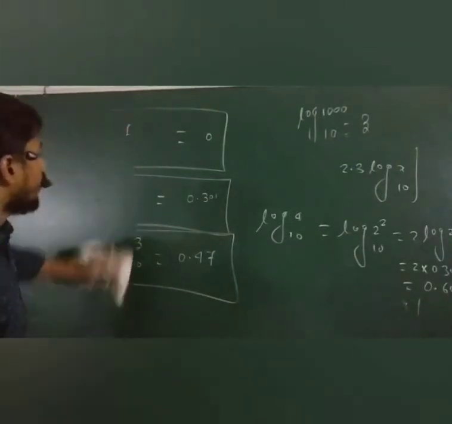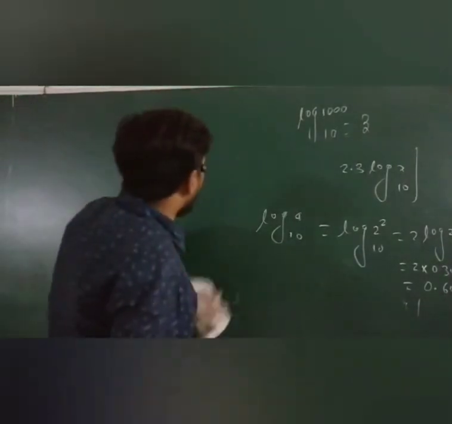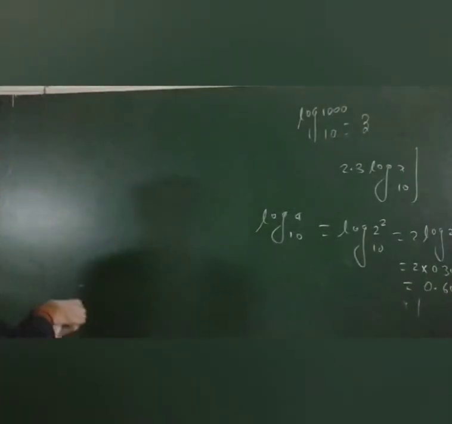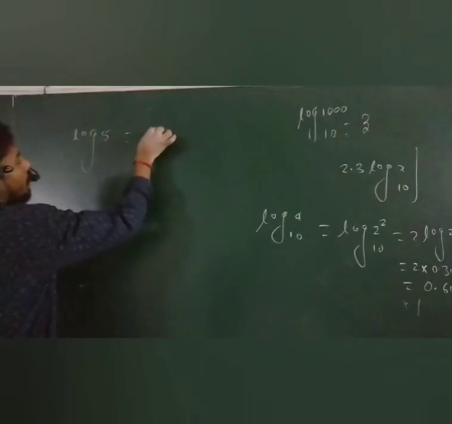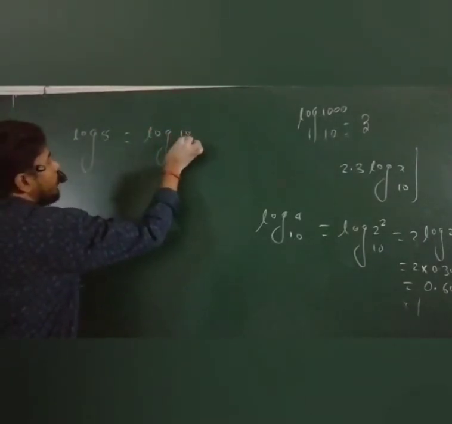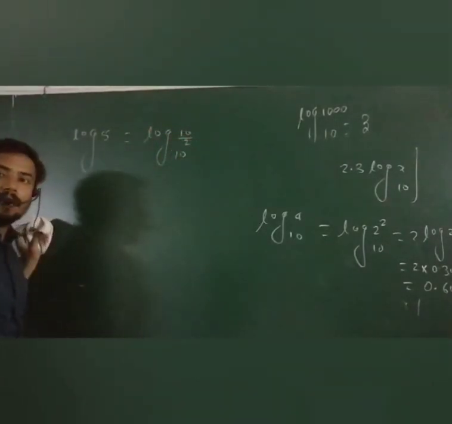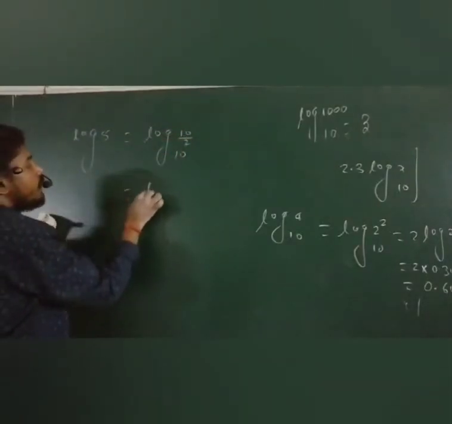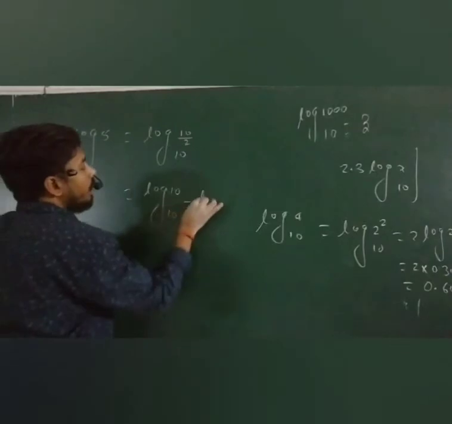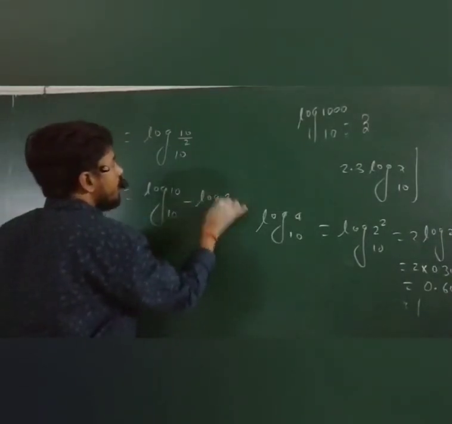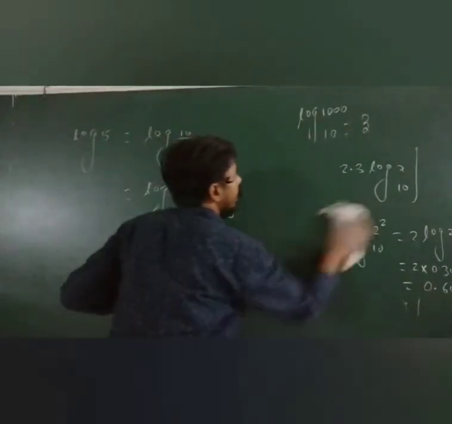Simply you can find the value of log 5. See, log 5. Tell me, can I write this as log of 10 by 2, base 10? Now apply the division formula: log 10 minus log 2, base 10.